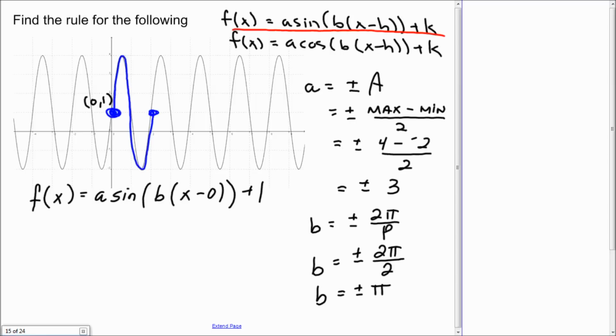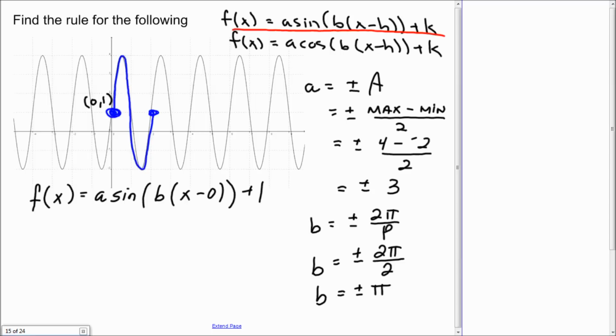So again, we're going to get to choose. But because of the way the sine function looks, it looks exactly like the basic sine function, where it starts off by going upwards and then reaching a maximum, coming down to a minimum, and going back to the center. We know that here we have a choice of either choosing a positive a and a positive b, or a negative a and a negative b.